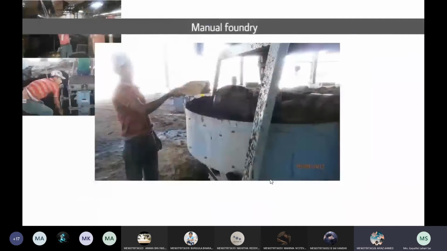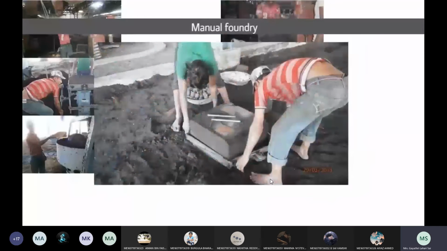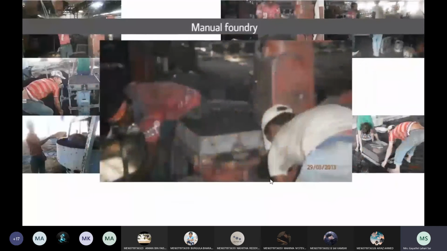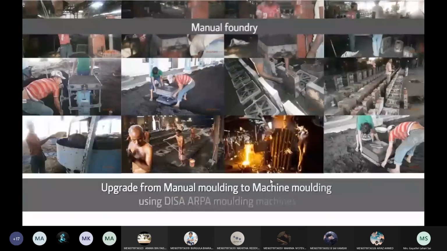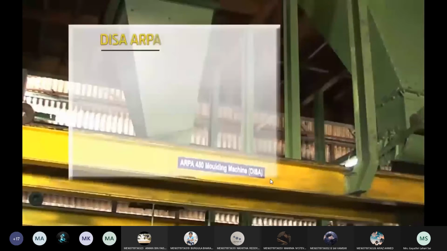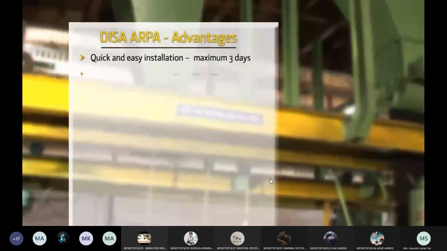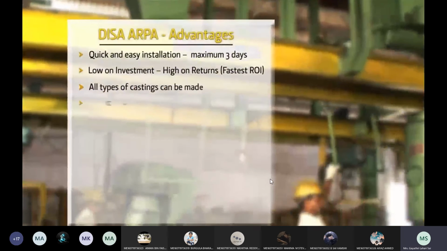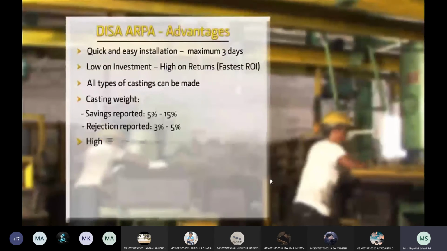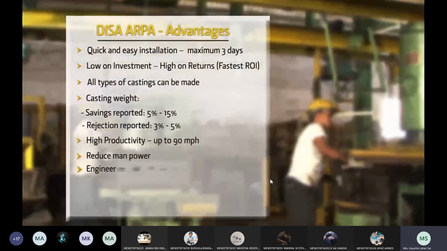It's a manual foundry. So now they used advancements like jolting, squeezing, slinger machine. They are giving you the advantages of manual versus automatic, what we had discussed now.